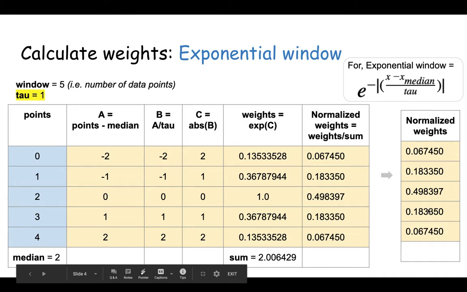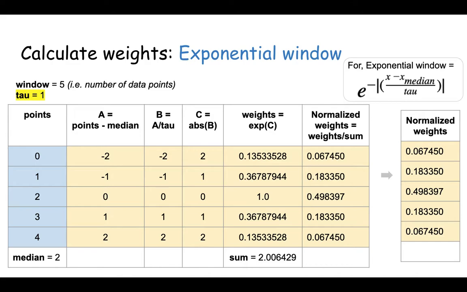So let's get started in Jupyter Notebook and create the window function for exponential. Then we'll go ahead and calculate manually the values for weights, normalized weights, and based on that we'll calculate the exponential rolling mean and exponential rolling sum.